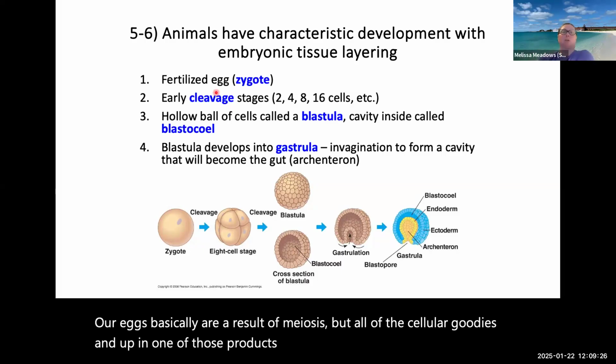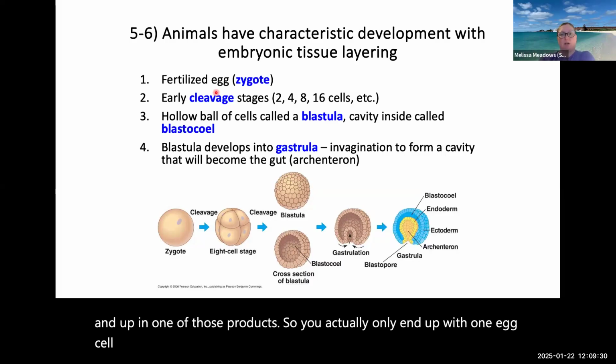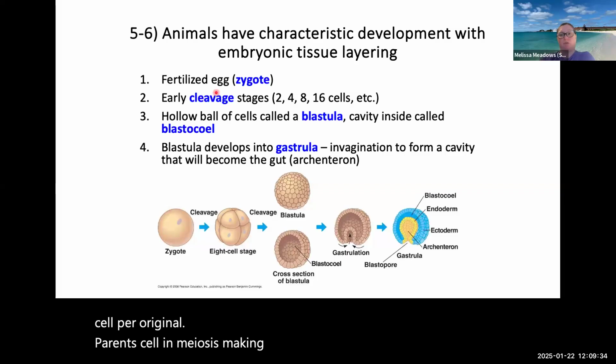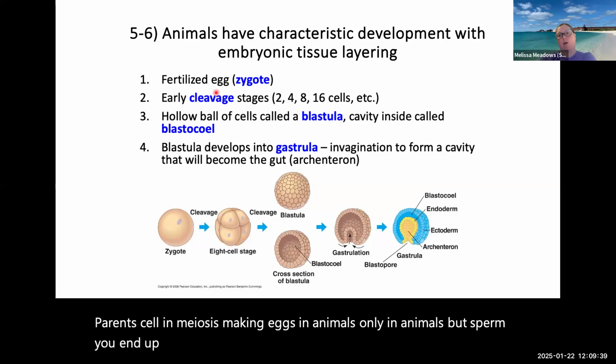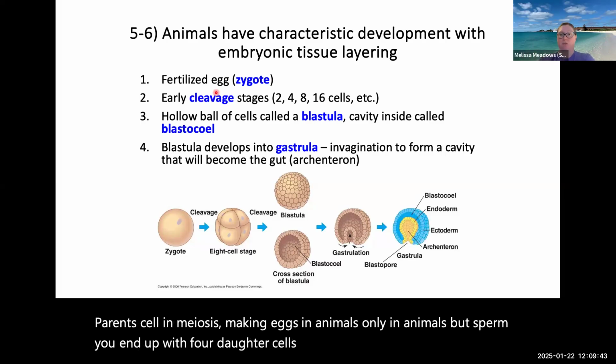So you actually only end up with one egg cell per original parent cell in meiosis, making eggs in animals, only in animals. But sperm, you end up with four daughter cells for every original cell as products of meiosis.